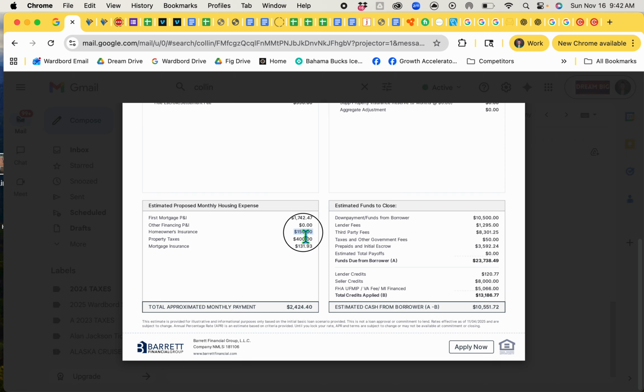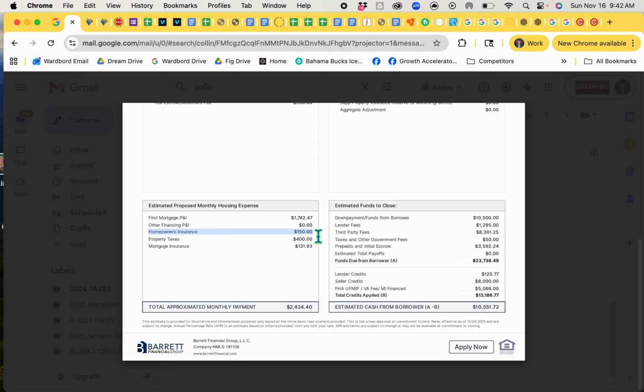If this $150 went up to $183 a month, that's $33 more, so you could add $33 to this monthly payment. So it would be about $2,433, or whatever that may be. This number is a moving target that we need to make sure we're on point with, and that we're happy with.